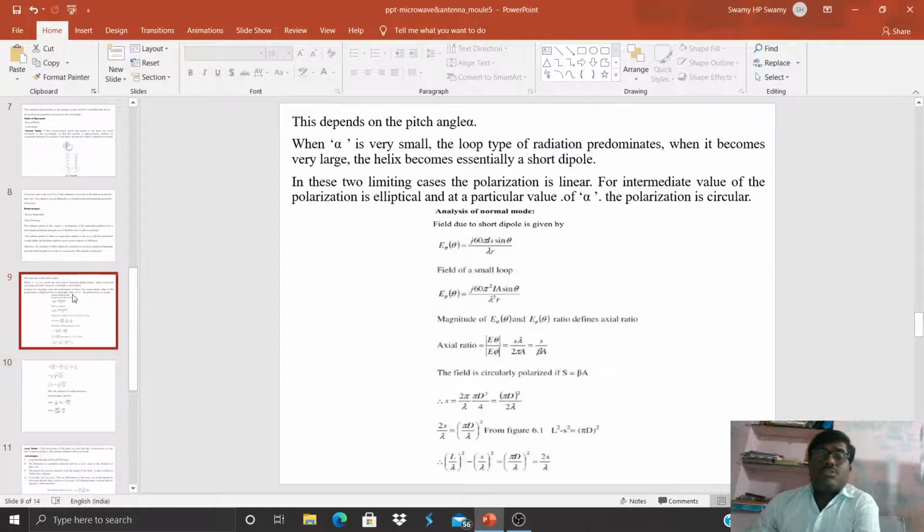So the ratio of the magnitudes of E theta and E phi is defined as the axial ratio.